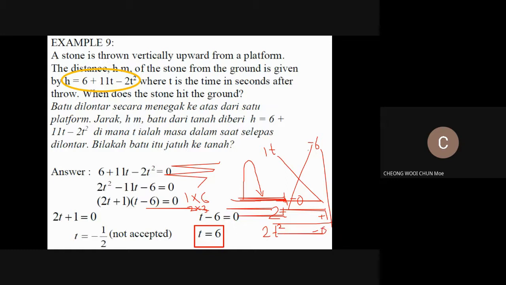Then from here, negative 6 times 2t, you get negative 12t. Then 1t times positive 1t, positive 1t.